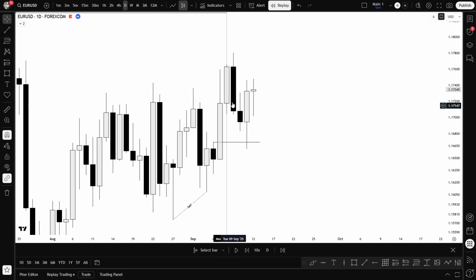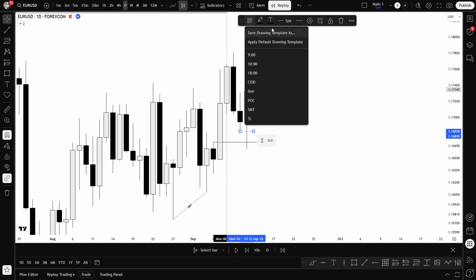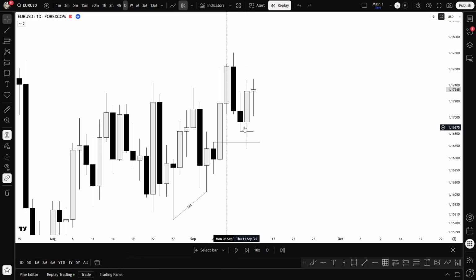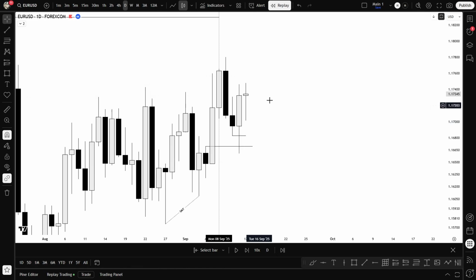So until here, the market is not aligned. Only after this daily manipulation, right? So we have a manipulation on Thursday, right, which indicates an expansion on Friday, right?